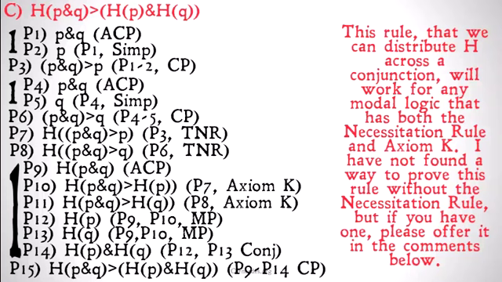I have not found a way to prove this rule without the necessitation rule, but if you have one, please offer it in the comments below, and we will subject it to some scrutiny.